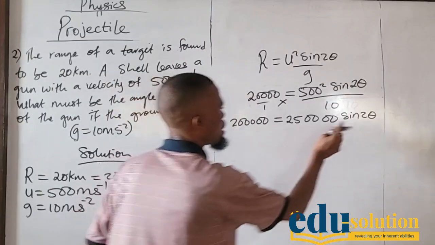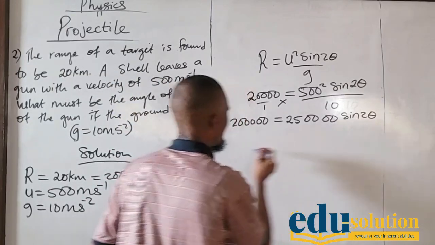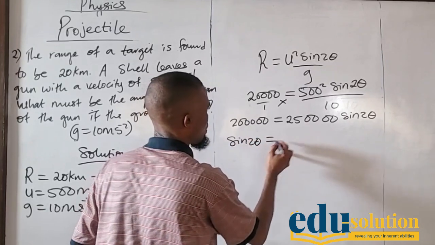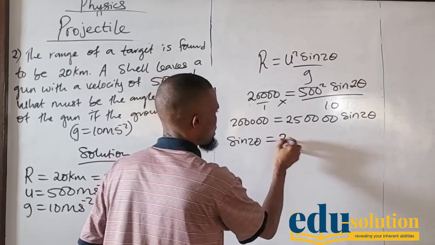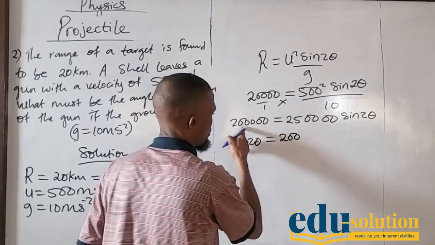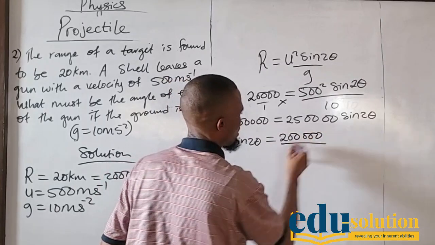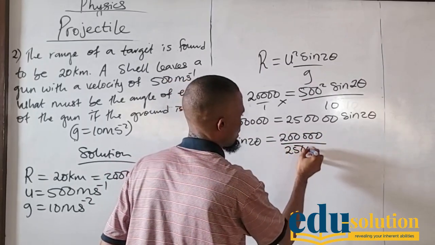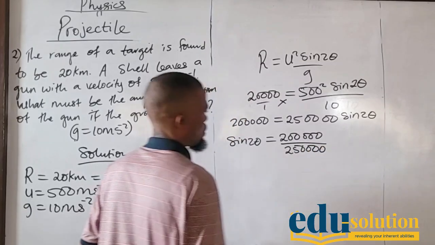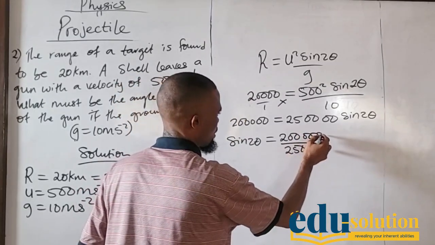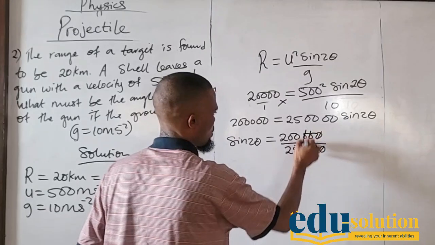Now from here we make sine 2 theta the subject, so that the formula will have sine 2 theta is equal to 200,000 divided by 250,000. If we divide this, I think this cancels this.